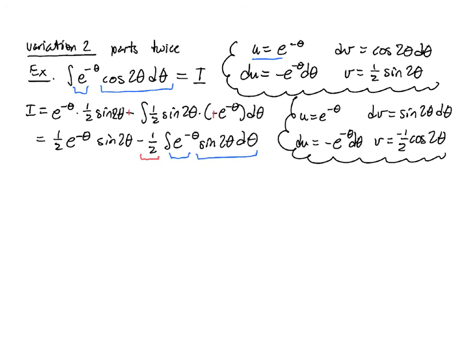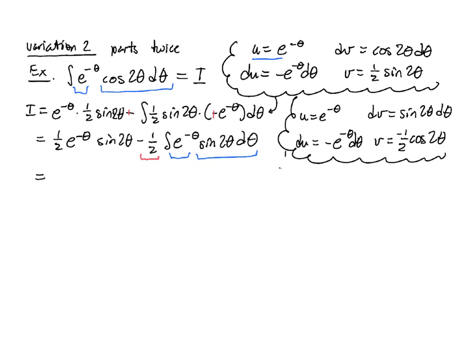Some folks will call this u1 and v1 instead of u and v. We're just going to keep our head straight and recognize that that first batch of u's and v's goes for the first iteration, and the second one goes for the next iteration, as we'll see in a minute.